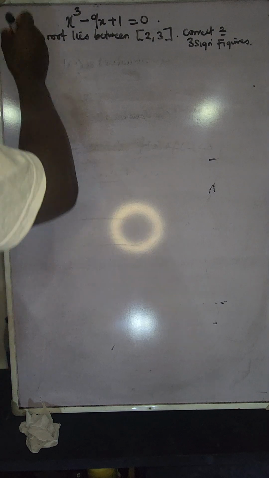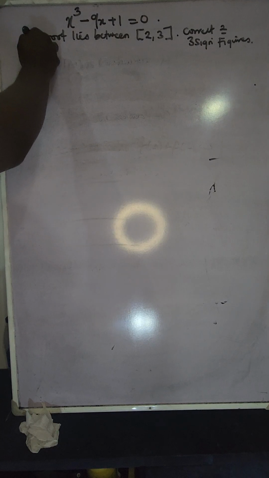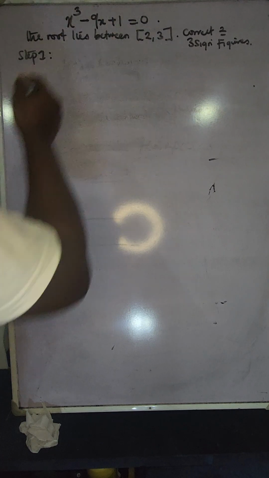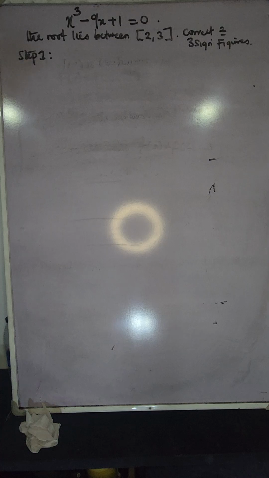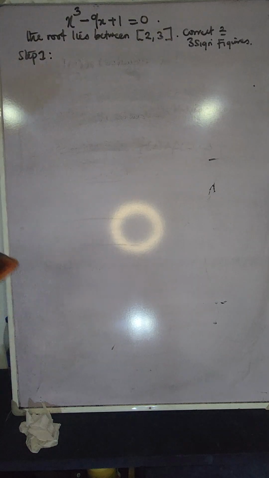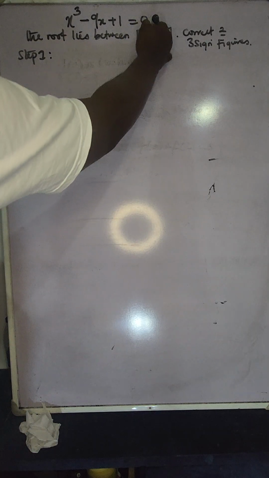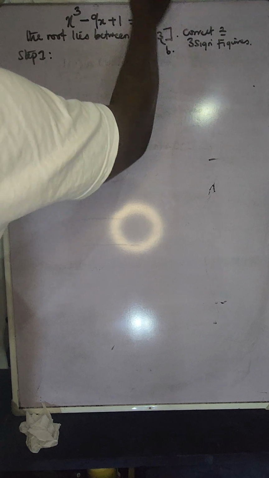To solve this problem, step 1. You remember I said these two are called the interval of operation, A and B. This is called A and this is called B. So the first thing, we test each interval.